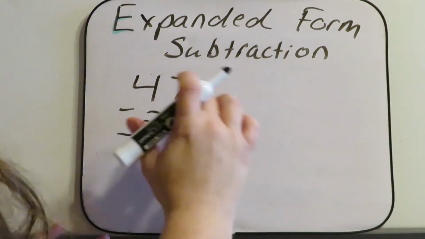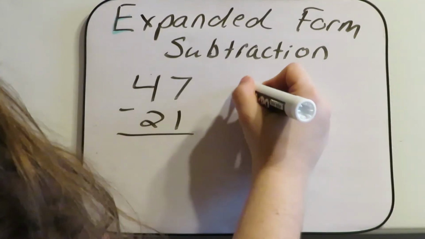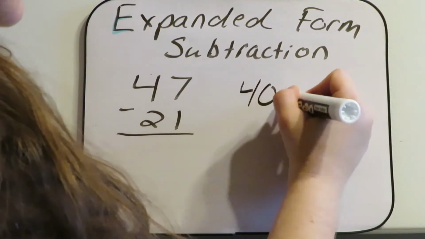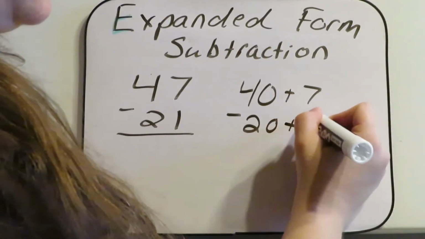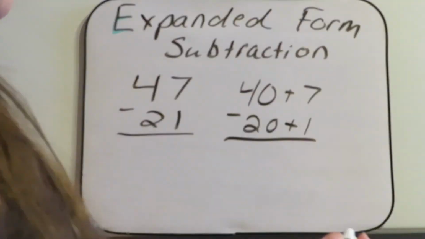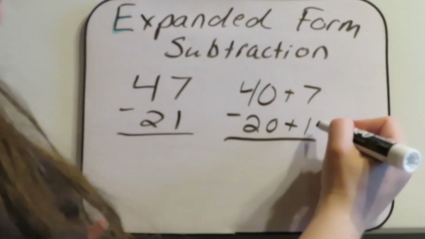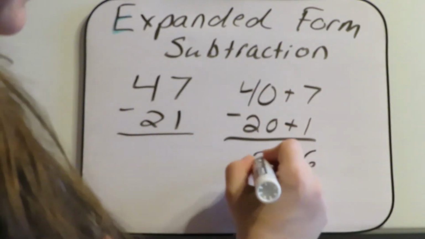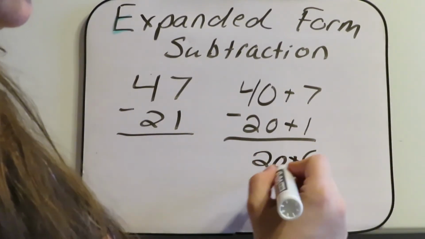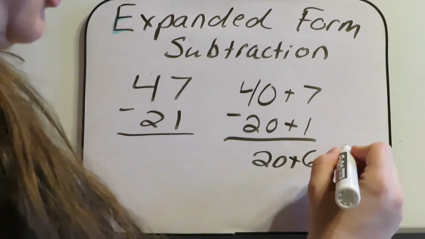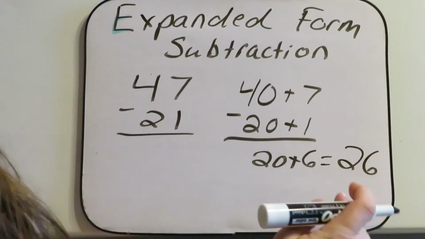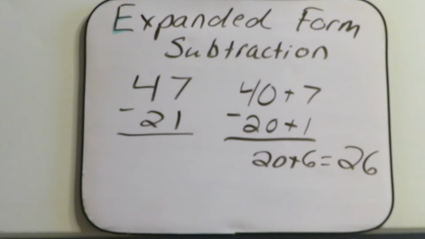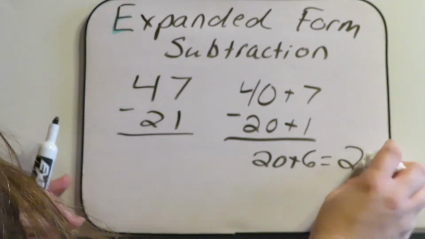To do that, we put each number in expanded form. 40 plus 7 minus 20 plus 1 equals 7 minus 1 is 6. 40 minus 20 is 20. 20 plus 6, 26 is our answer.